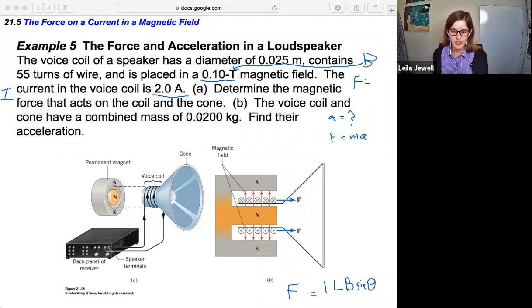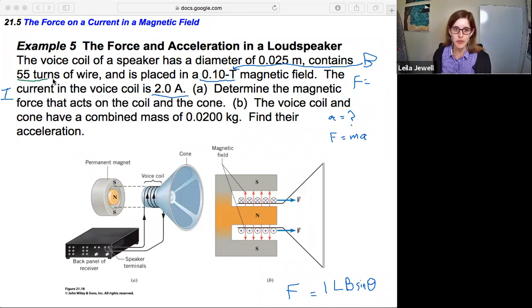So for the length and the angle, we need to think about what is the effective length of the wire within the magnetic field. So the wire within the magnetic field is all of the wire that's wrapped around this coil. How long is that? Well, that's where the other numbers here help us out.